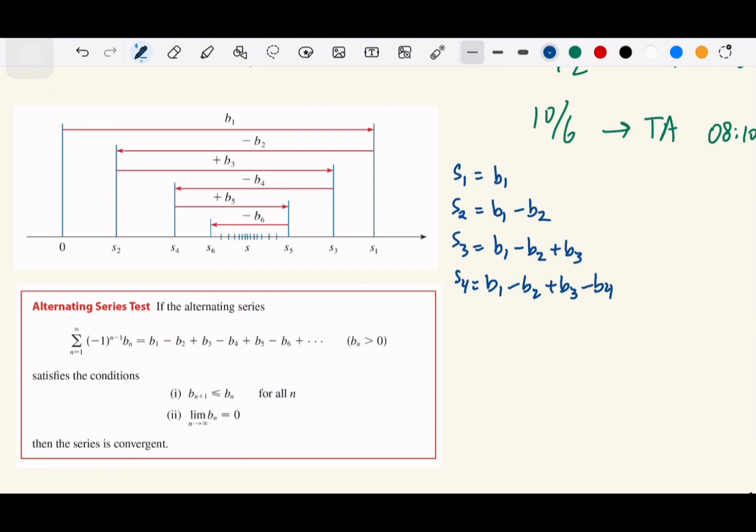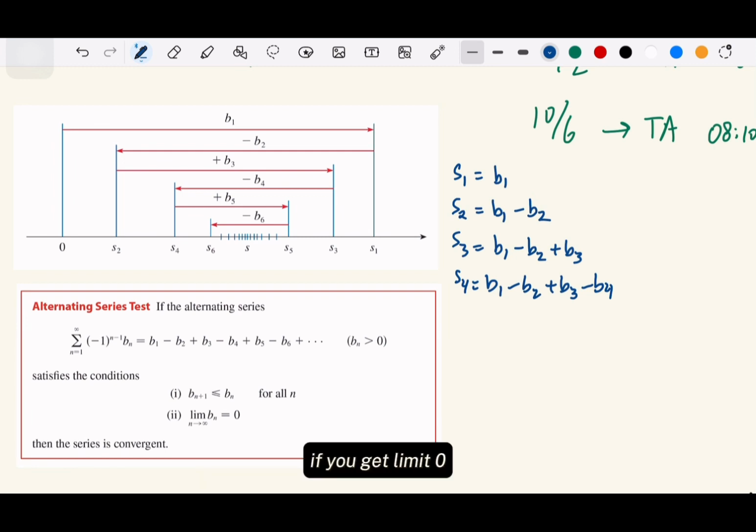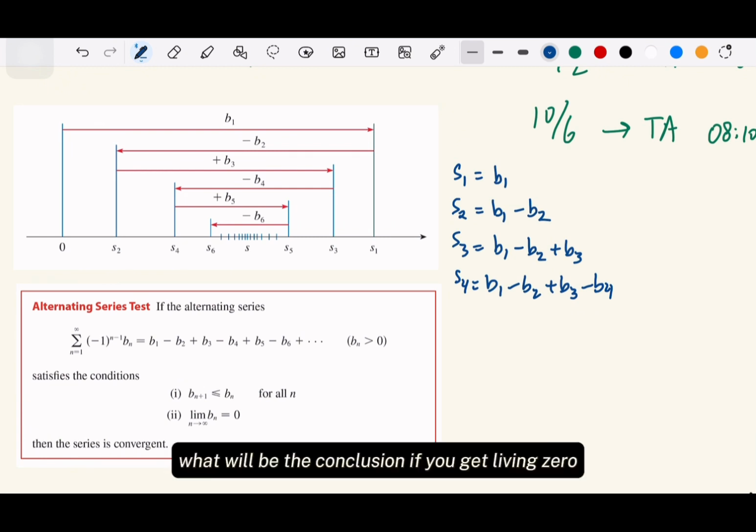Remember that when you take the limit of a series, any series other than an alternating series, if you get limit 0, what is your conclusion? Other than an alternating series, what will be the conclusion if you get limit 0?